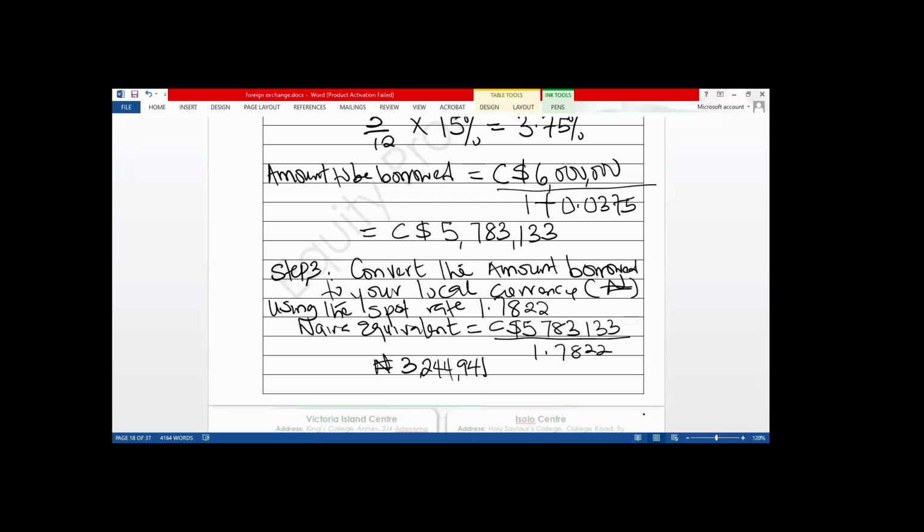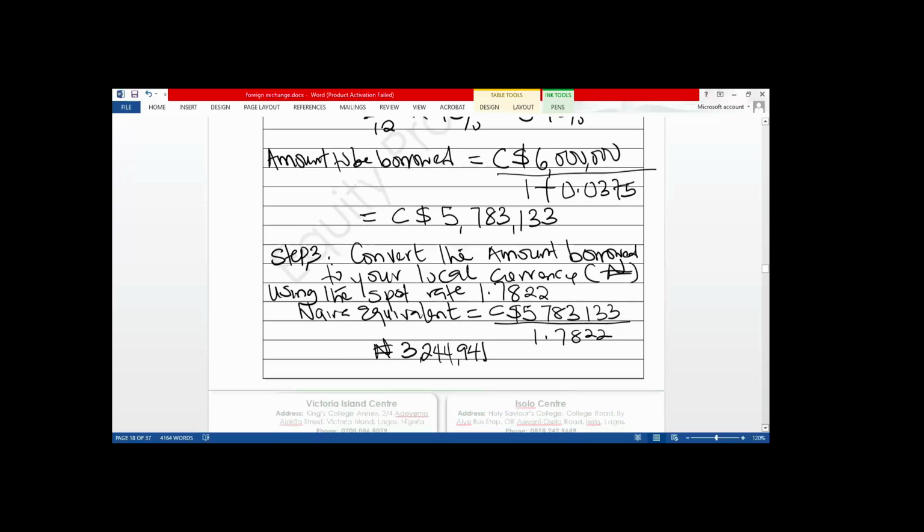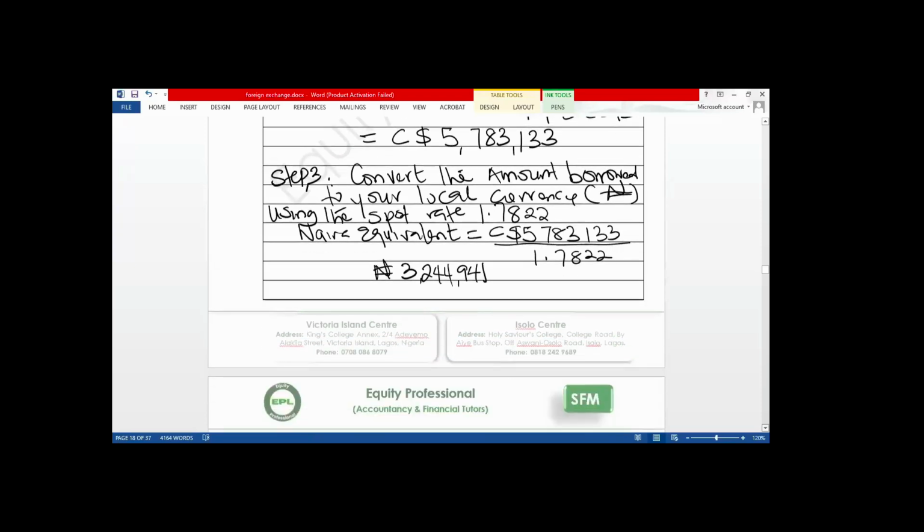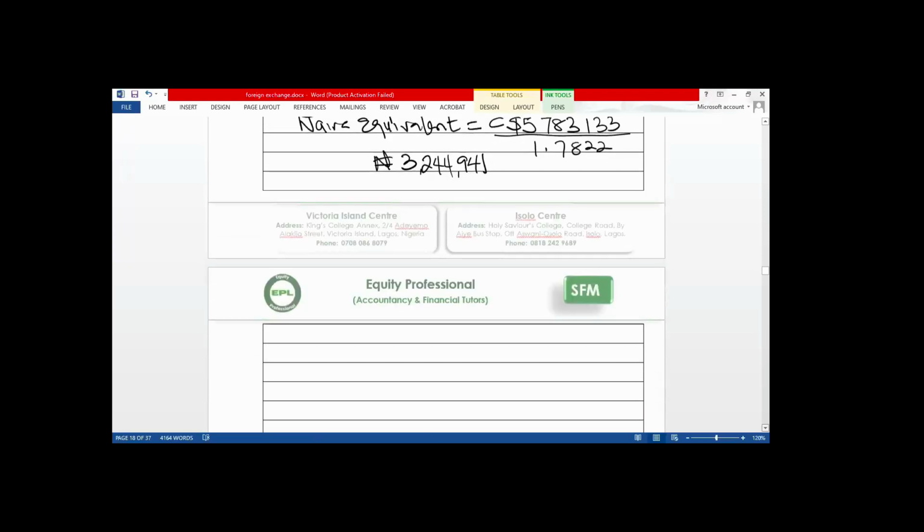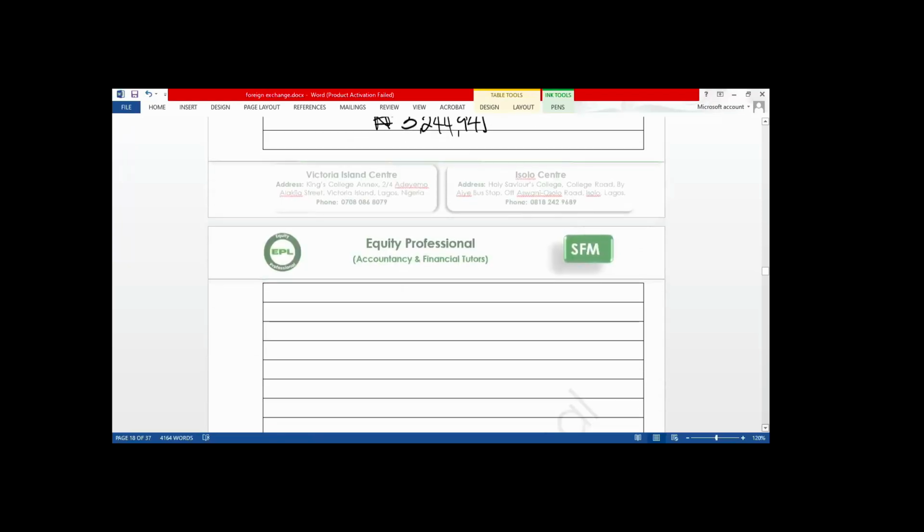Then the last step, step 4. The Naira equivalent will be invested for 3 months in Nigeria.